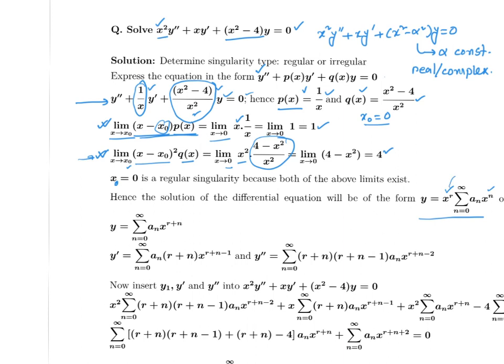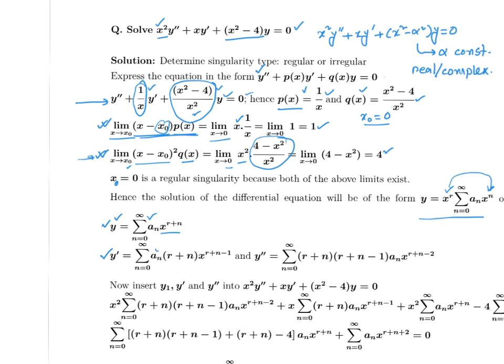By moving the x to the power r within the summation notation, I get y of x equal to the summation from n equals 0 to infinity of a sub n times x to the power r plus n. Now, I have y, so what I'm going to do is find y prime. What is y prime? It's pretty easy. Take the derivative of the series.